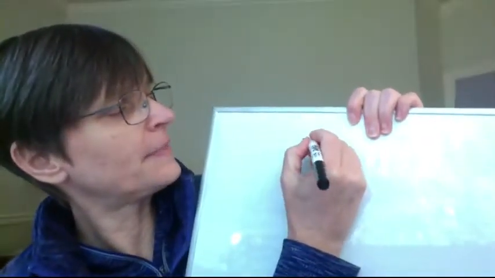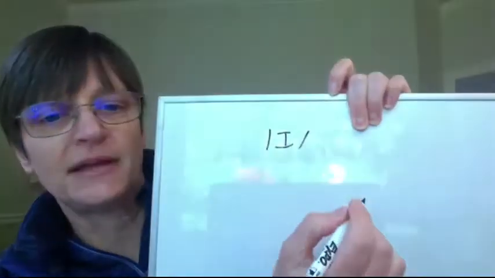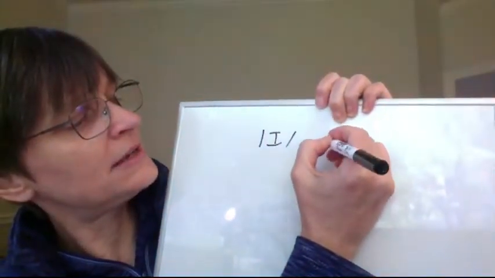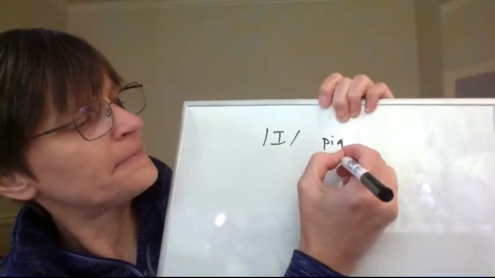So Sam wants to know about the short I vowel, and if I could break that down. So I'll give you some information about short I, and I tend to call that vowel I, which is the sound that it makes, and it's in words like pig and big.